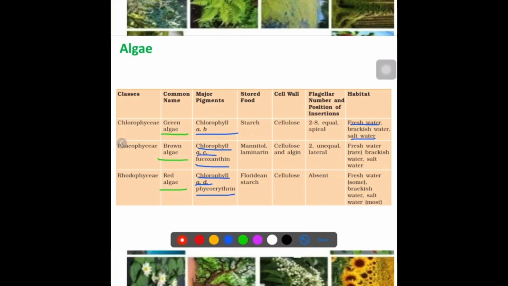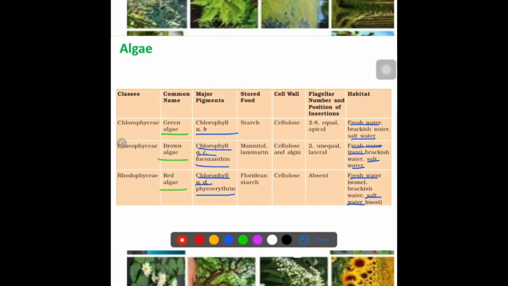Similarly, Phaeophyceae are mainly found in marine water, that is salt water, and rarely in fresh water. Rhodophyceae are again found in marine or salt water, but there are a few exceptions that can be found in fresh water. So this is their habitat.